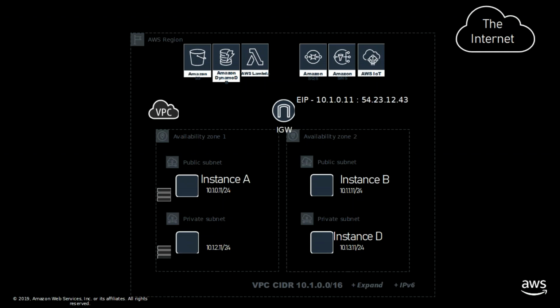The internet gateway has an elastic IP or public IP. In order for instance A to connect to AWS services, it goes through the internet gateway. It also uses the internet gateway to have access to the internet.